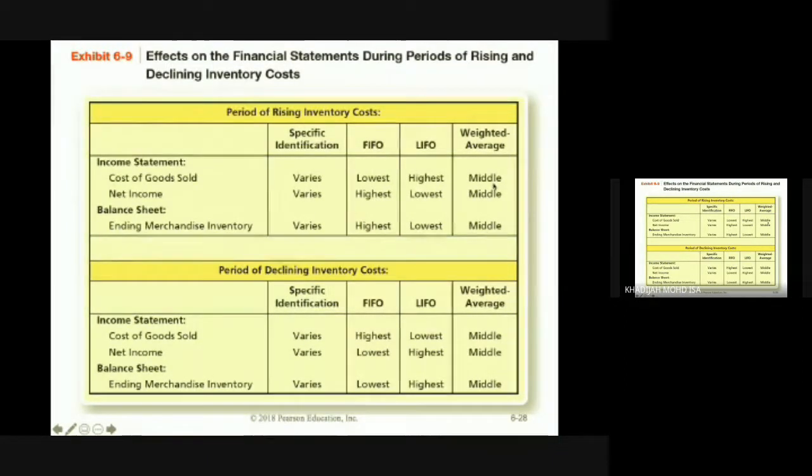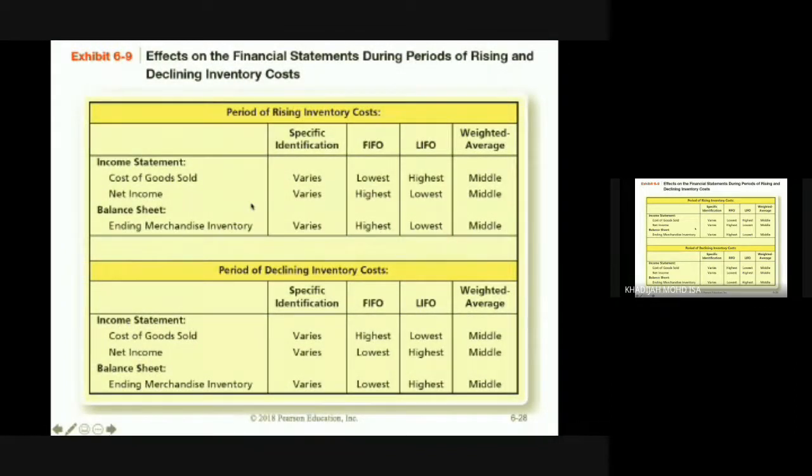Because COGS is the lowest under FIFO, net income is the highest. Under LIFO, COGS is highest, therefore net income is the lowest. On the balance sheet, ending inventory under FIFO is the most recent cost, so it gives you the highest. LIFO ending inventory is the older cost, so that's why it's the lowest.